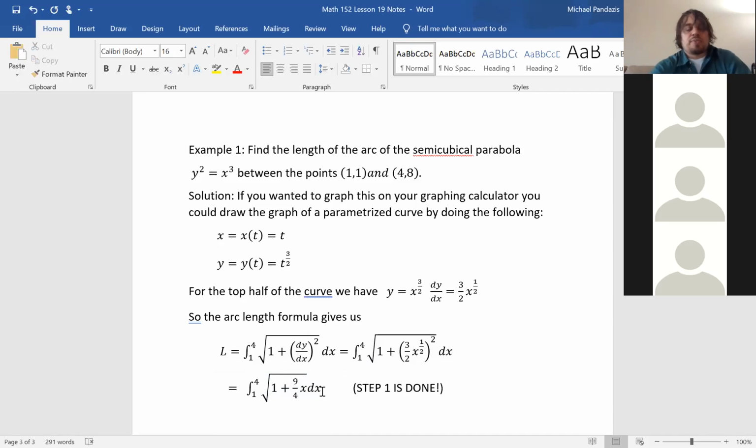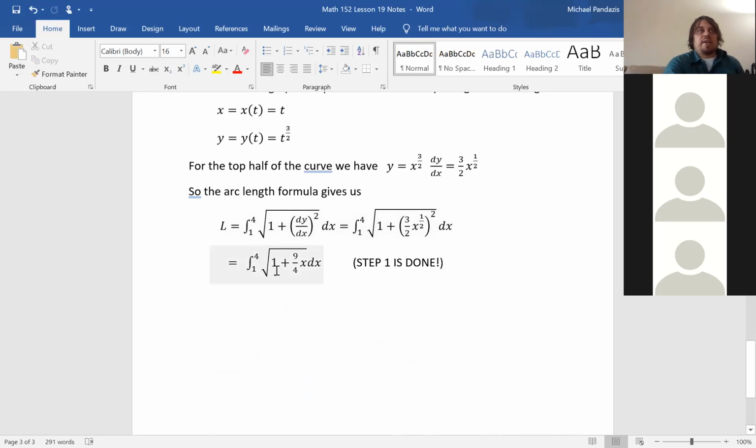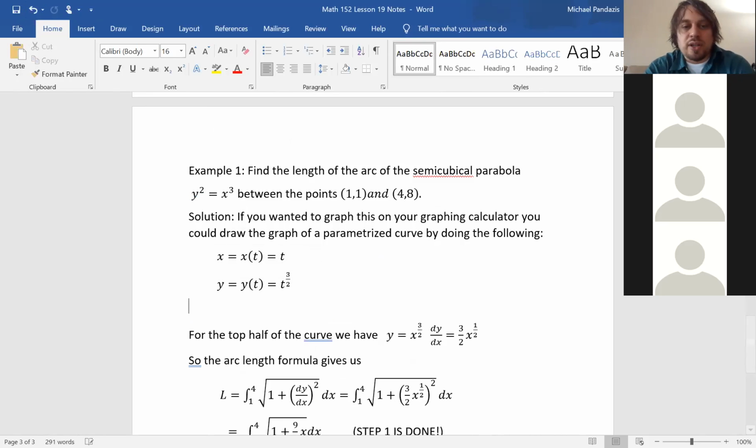Right, just like for finding volumes, the first step is writing the arc length as a definite integral, and step 2 is calculating the definite integral. Okay, so we are going to break down this solution into 2 steps.